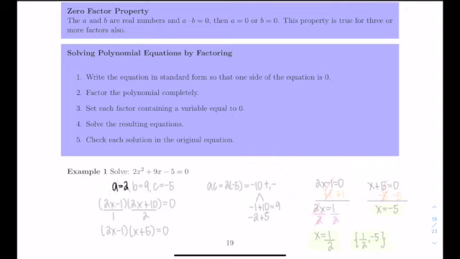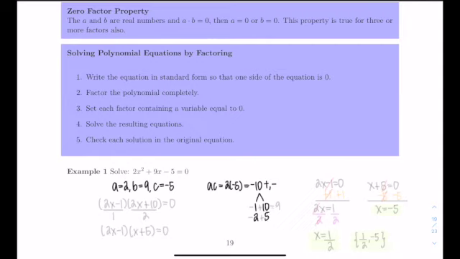Our A is 2, our B is 9, and our C is negative 5. So A times C is 2 times negative 5, which is negative 10. So I have to have one positive and one negative. My two factors are 1 and 10, and 2 and 5.